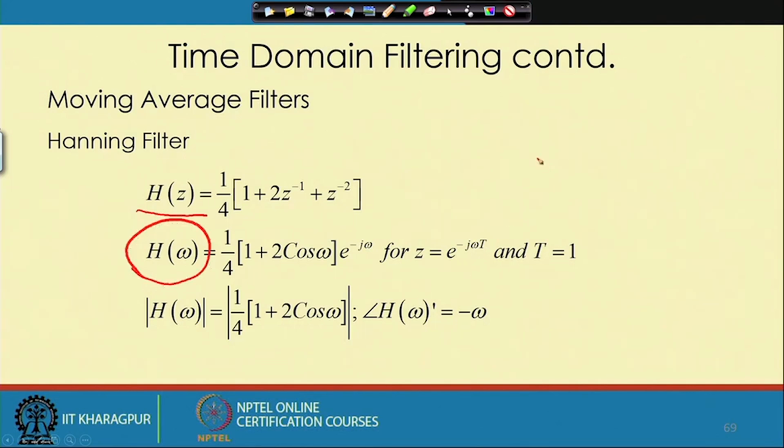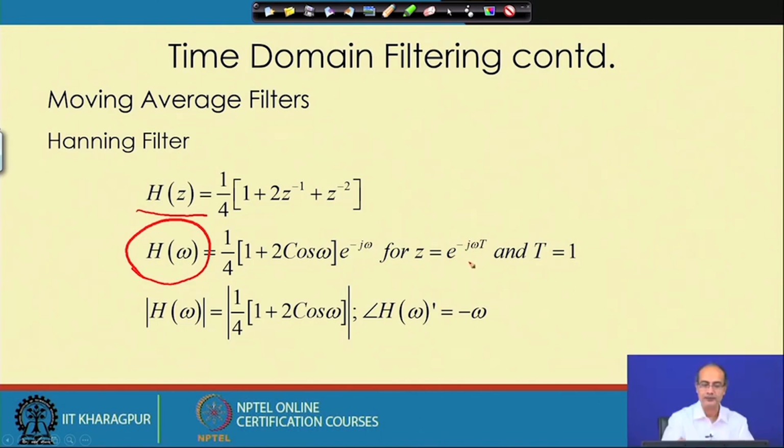That means we are taking z equal to e to the power j omega. We are just looking at the value of the transfer function on the unit circle, and for T equal to 1, this is the value.